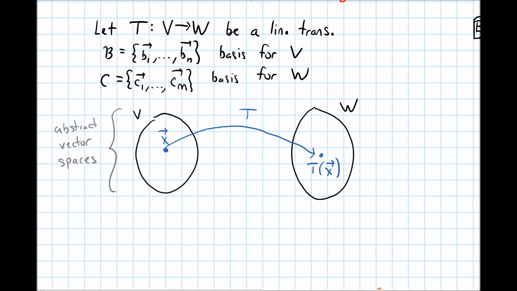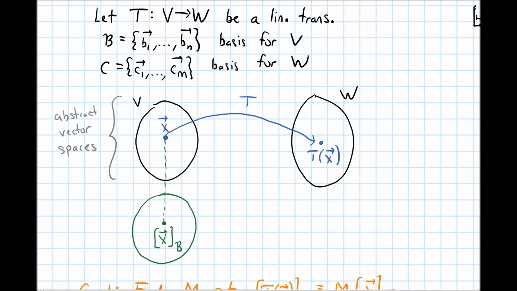Sometimes what we like to do when we're working with abstract vector spaces is think about the elements in terms of their coordinate vectors. So let's do that with both the input and the output. If I think about x in terms of its coordinate vector, let's call this x_B, and it's x_B because the basis for the vector space V we said was B. So we're thinking about x in terms of its coordinate vector.